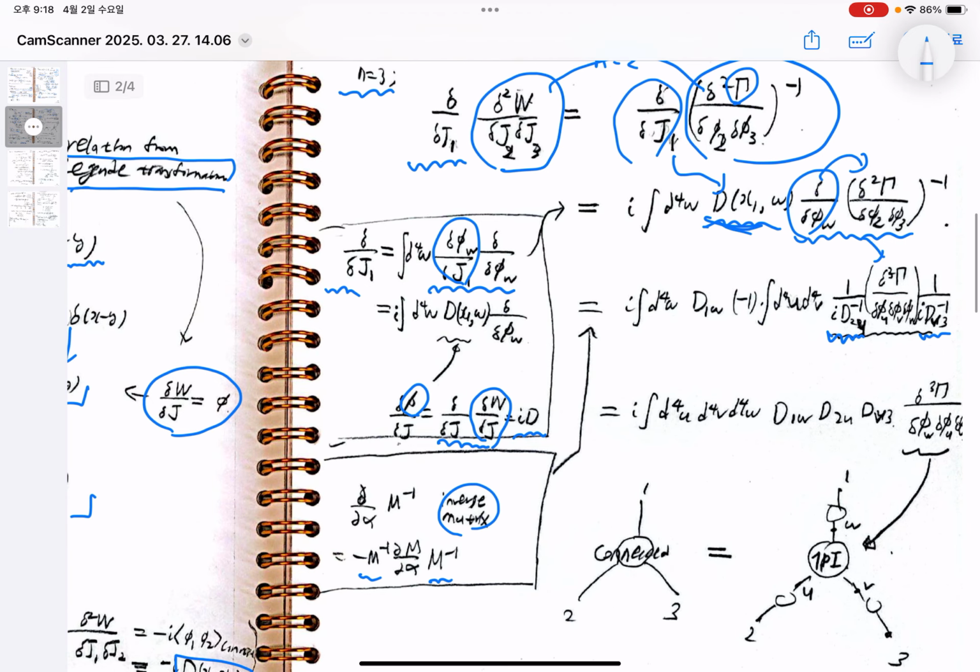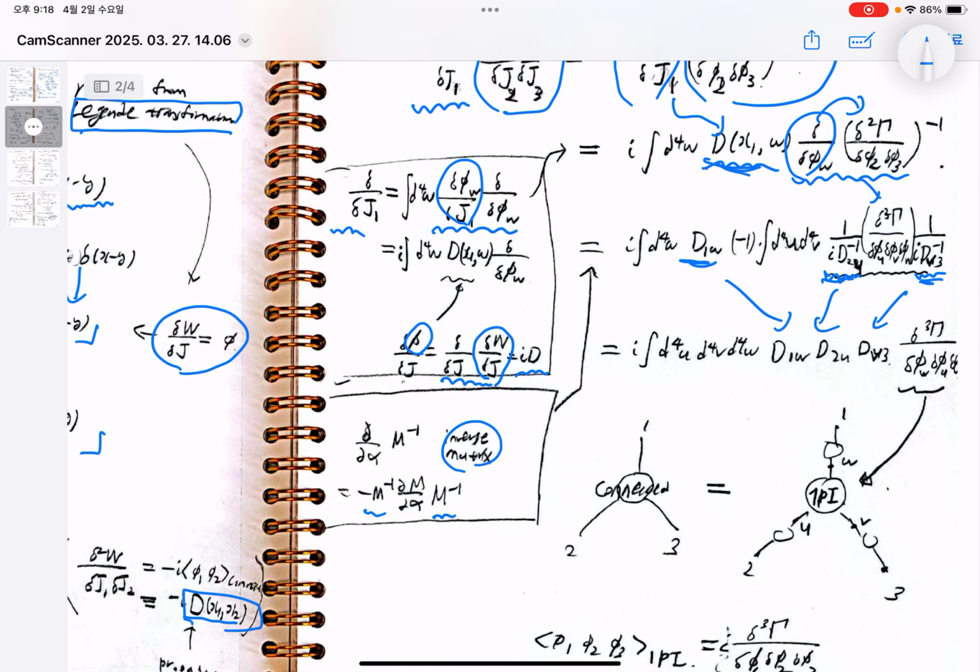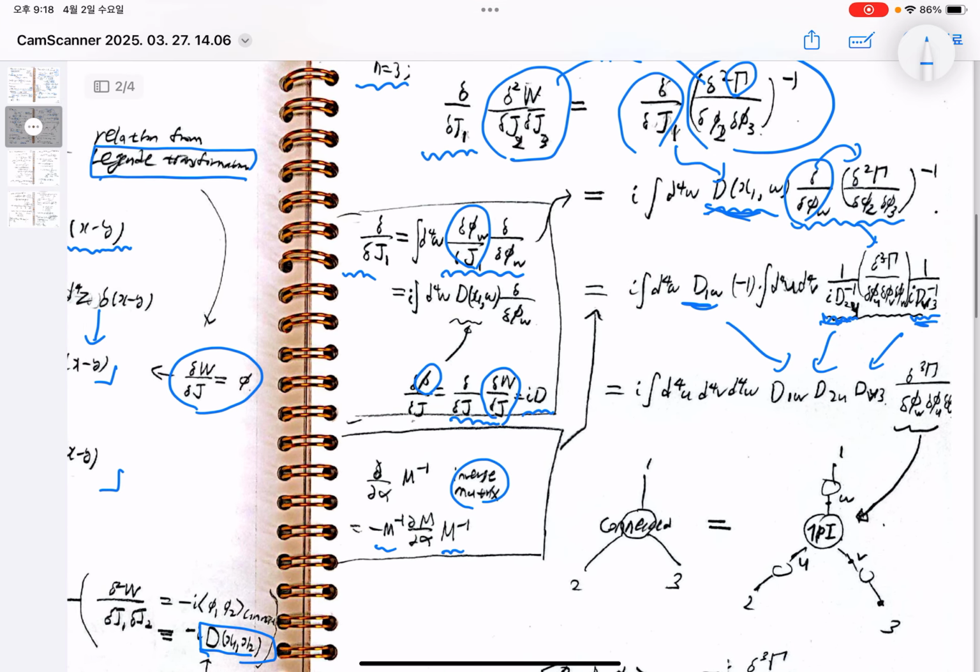Originally there is one propagator here from the delta dj1 and two propagators from the differentiation of the inverse matrix. So there will be three propagators appearing. And we know that the left-hand side is the third derivative of the generating function of the connected diagram.